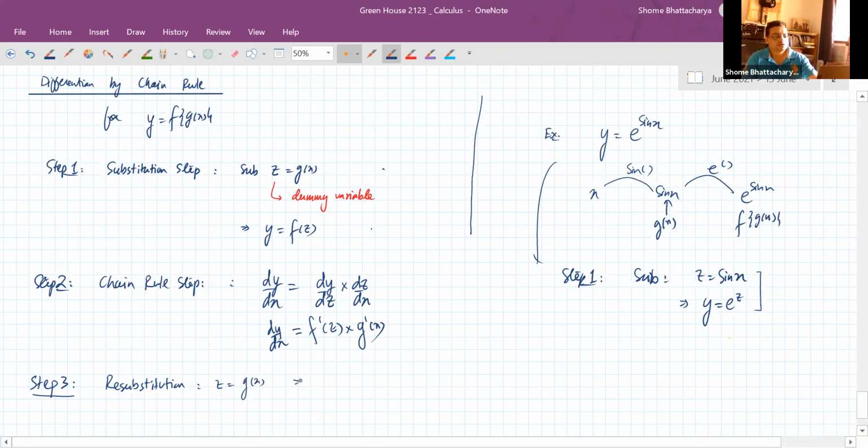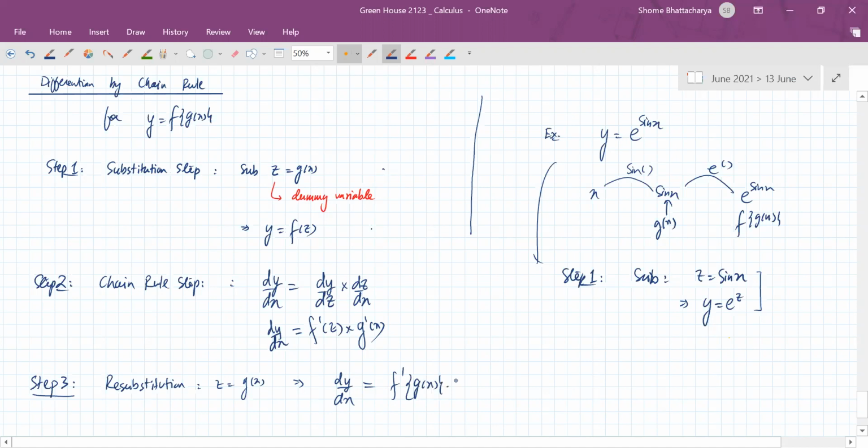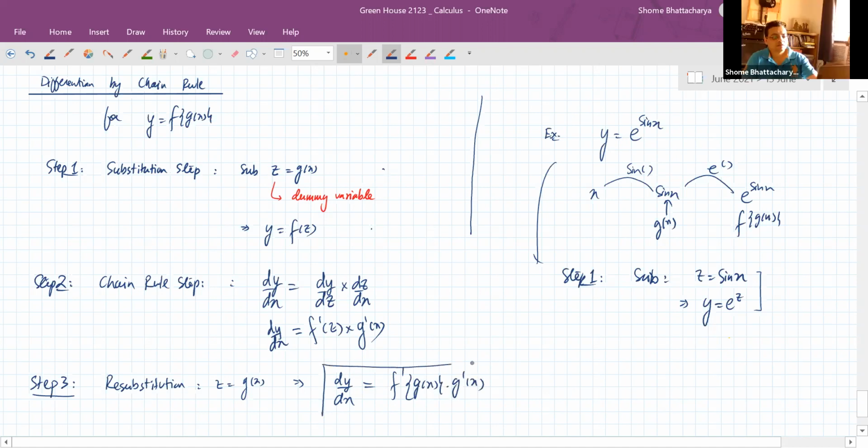So in dy by dx, in place of z, I will write what? G of x. So I'll express this as f prime of g of x into g prime of x. Yeah, and this becomes my final answer.